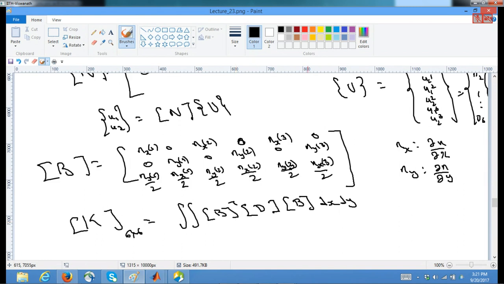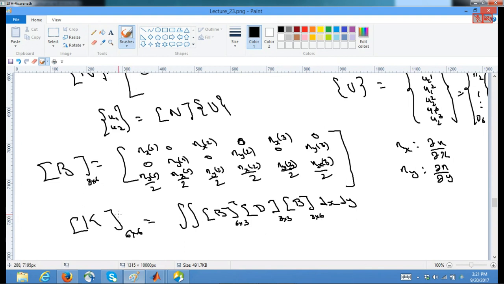We can see that this matrix is 3 cross 6, so this is 6 cross 3, this is 3 cross 3, this is 3 cross 6, so ultimately these two get consumed, these two get consumed, we get 6 cross 6.